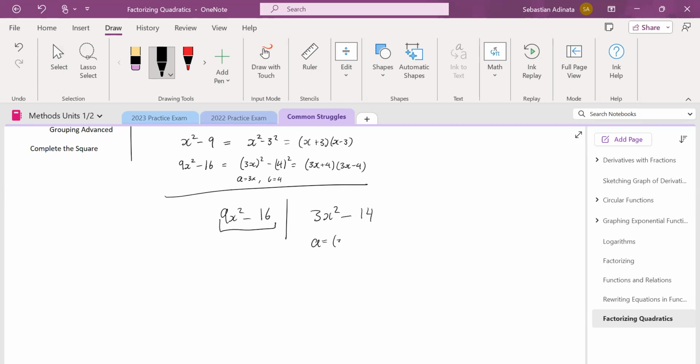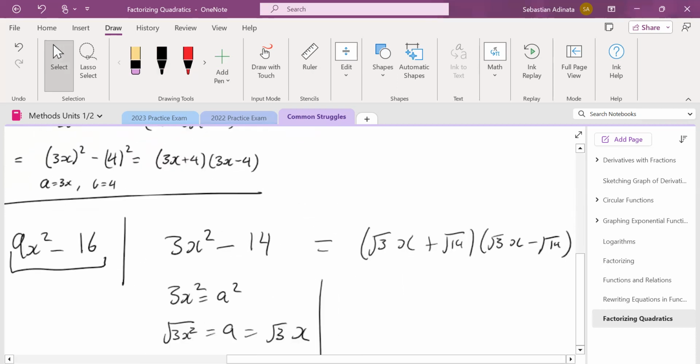So 3x squared is equal to a squared, then a is equal to this. And if 14 is equal to b squared, we have square root of 14 equals b, meaning this would become (root 3 x plus root 14)(root 3 x minus root 14).